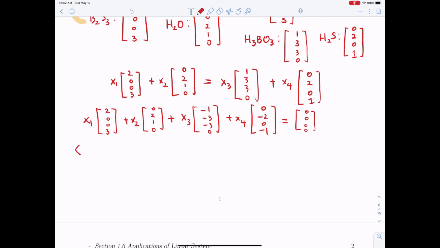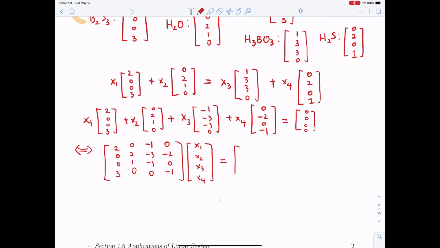Equivalently, we can write this as a matrix relation. The matrix with rows (2, 0, 0, 3), (0, 2, 1, 0), (-1, -3, -3, 0), (0, -2, 0, -1), multiplied by the vector (x1, x2, x3, x4), gives you the zero vector. We call this large matrix A and the vector x, and then A times x gives you the zero vector.